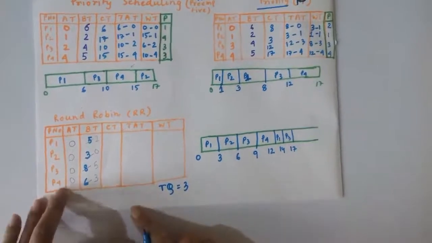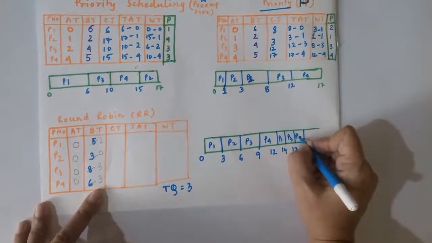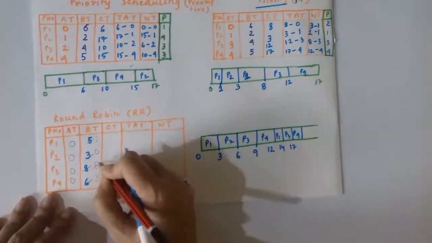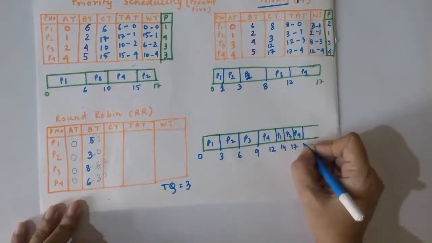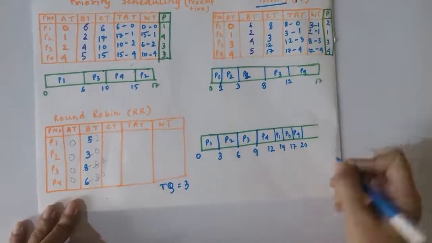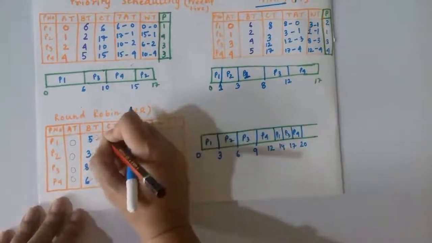Now for P4, 3 units only are left. So P2, 2 units will be pending. This will become 0. So this is 20.